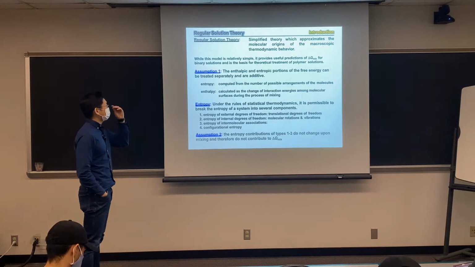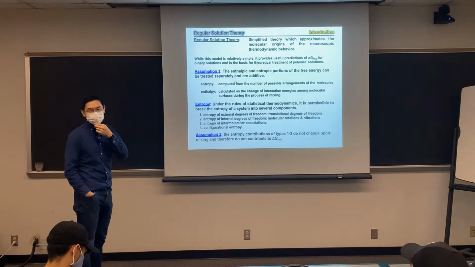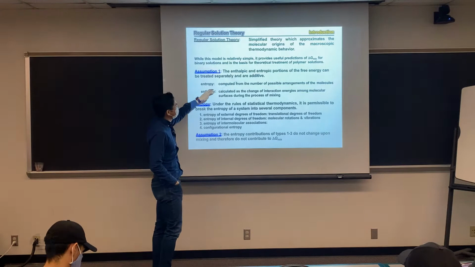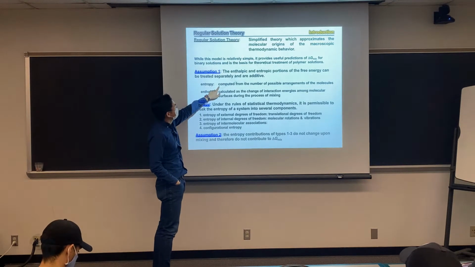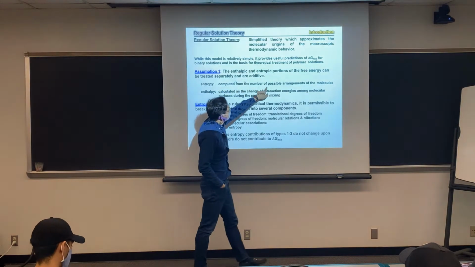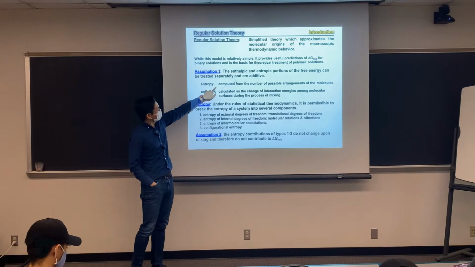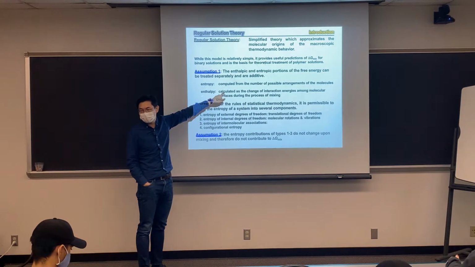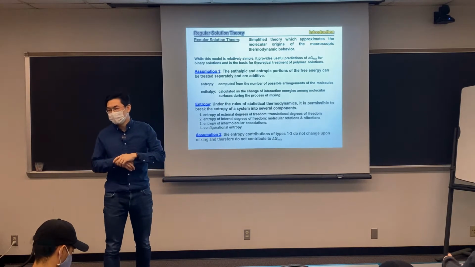There are a couple of assumptions, so we need to cover them before we talk about it. It's not a perfect model. We're going to be candid and honest about the simplifications we made to our system. The entropy is just going to be computed from the number of possible arrangements of molecules. We talked about that a little bit in the last lecture. We talked about what omega is and how the number of possible arrangements affects the entropy.